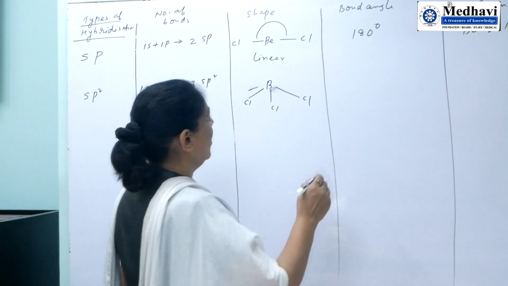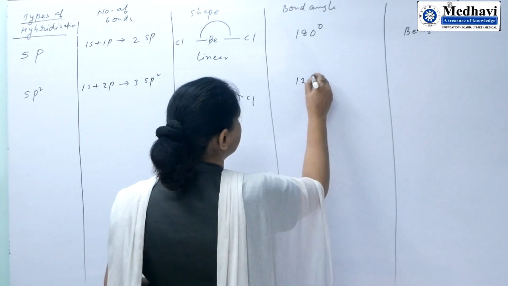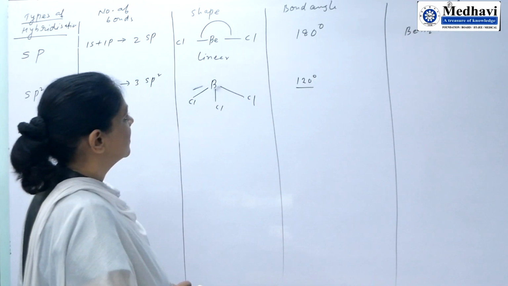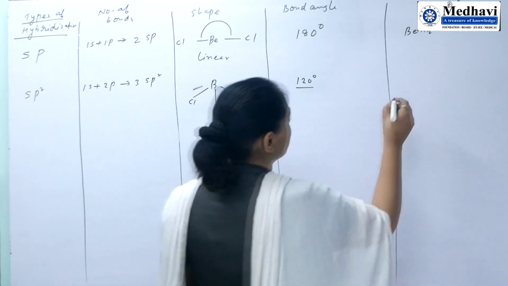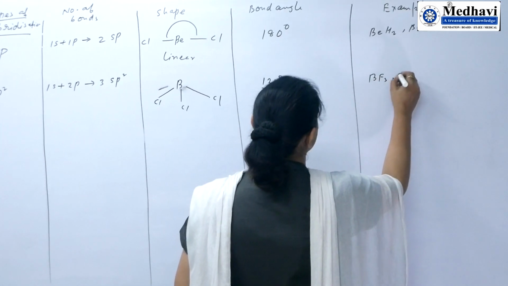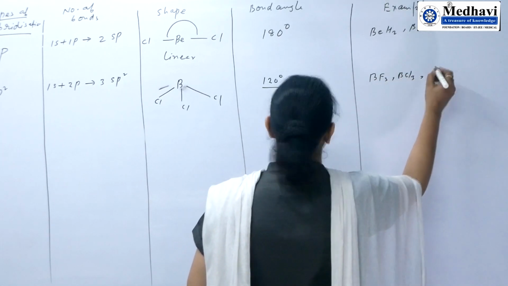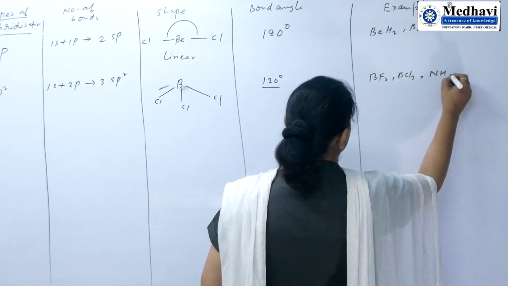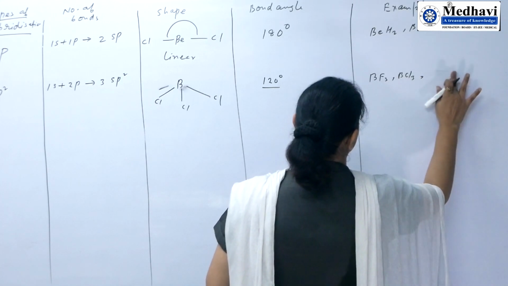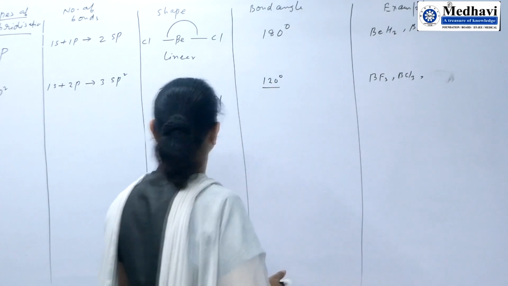Here the bond angle will be 120 degrees. Its examples are BF3, BCl3, NH4 plus, BCl3.